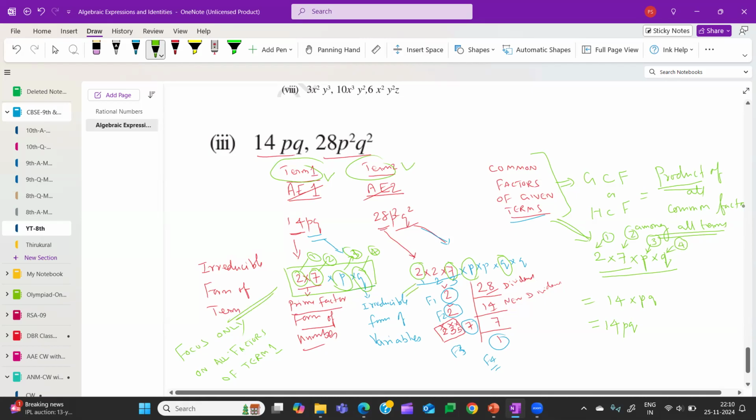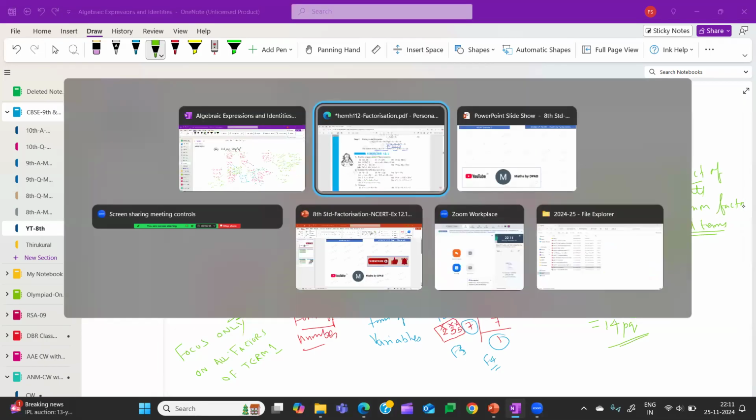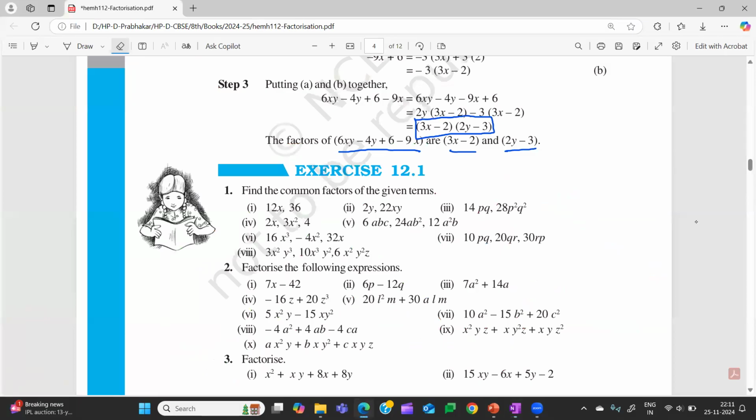So finally the answer, the common factor, you can call it the greatest common factor GCF or highest common factor HCF, which is 14PQ. In the same way, you can find the answer for Roman letter 1 and Roman letter 2.